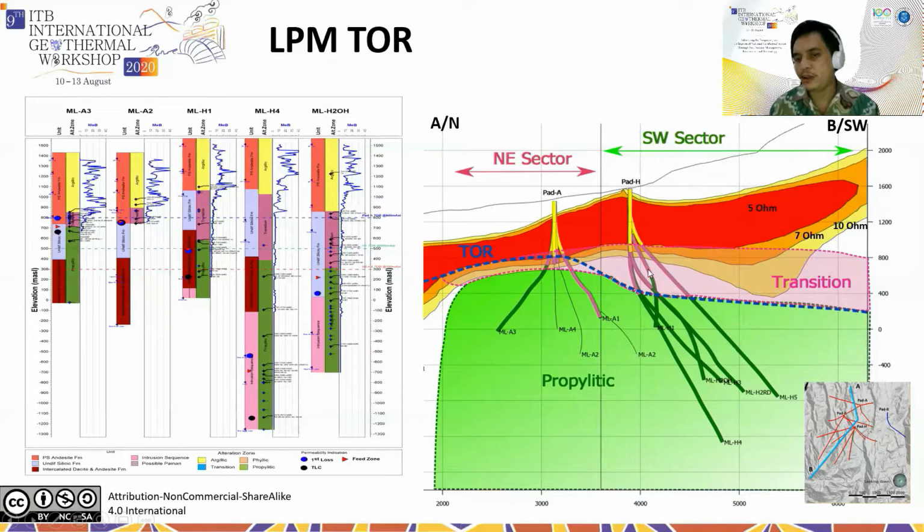The permeability is not continuous toward the southwest sector in the shallow part, but the permeability in the propylitic alteration still develops, and we still have good permeability in this part of the area.